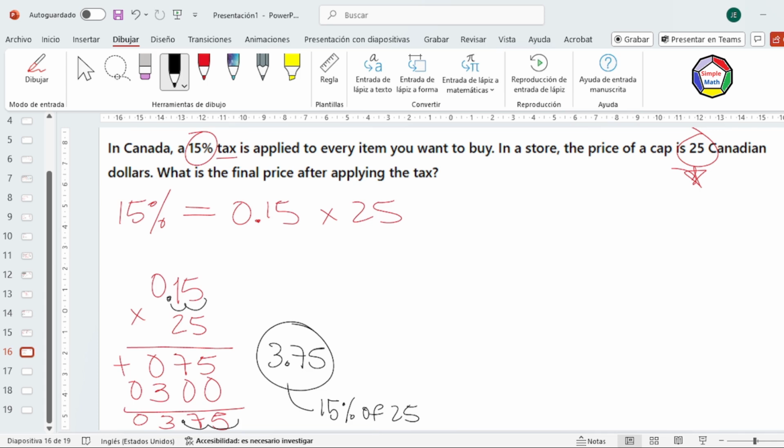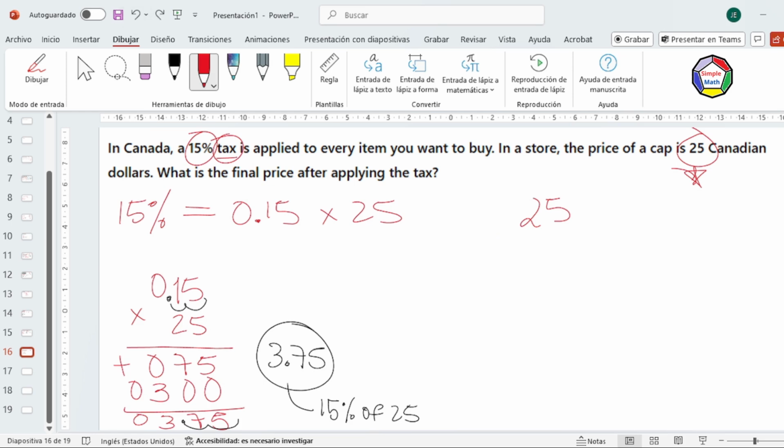Because the problem is speaking about tax, I have to add that result to the original price. So the original price is 25 and I have to add that percent because it's a tax. So I have to add 3.75. How do we add decimals? The way we add decimals is decimal point must be below decimal point, right?